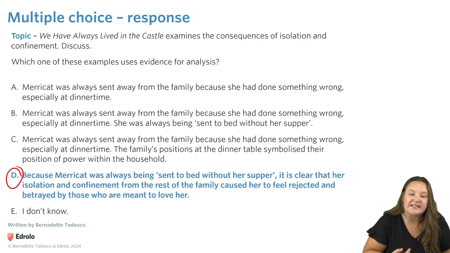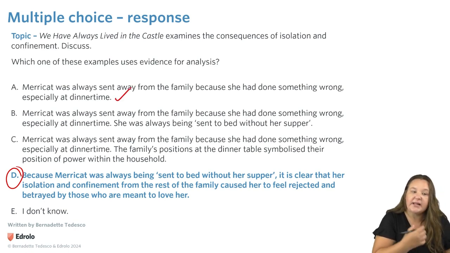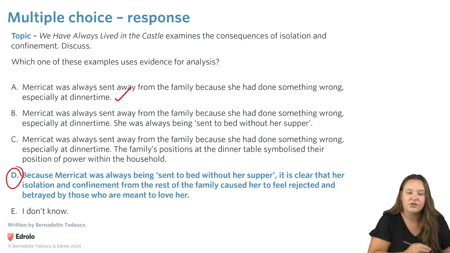I'm going to read through them and explain why they don't fit. Merricat was always sent away from the family because she has done something wrong, especially at dinner time. That's me just repeating something that occurred in the text. She was sent away from the family because she did something wrong at dinner time. There's no real analysis here. I haven't unpacked any idea.